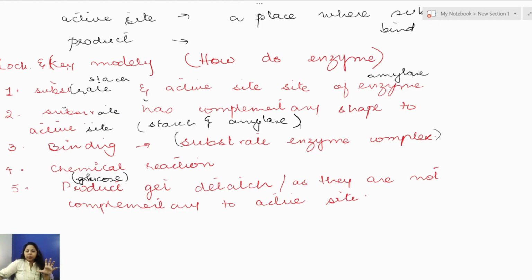Keep in mind whenever you have a question of 6 mark or 8 mark or 4 mark, you have to arrange your answer. Don't jump to the answer. First of all, write all the points that you need to mention in the answer. This is point number one, this is point number two, this is point number three, this is point number four. Only then you'll be able to give a proper answer.